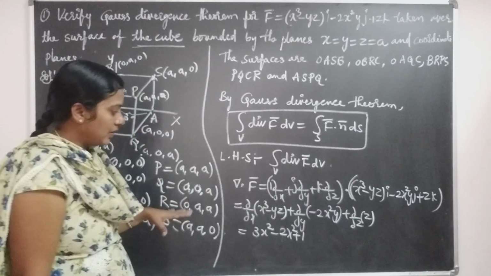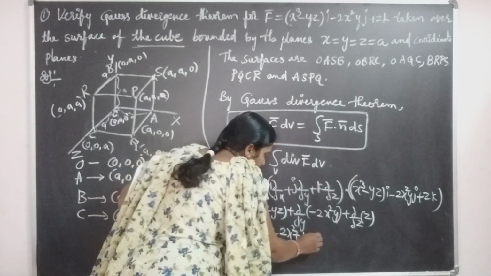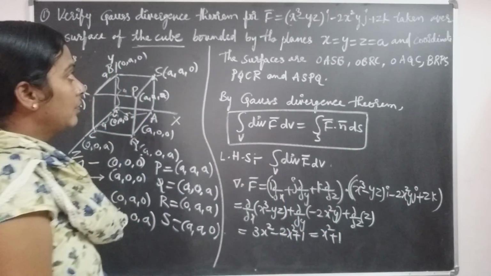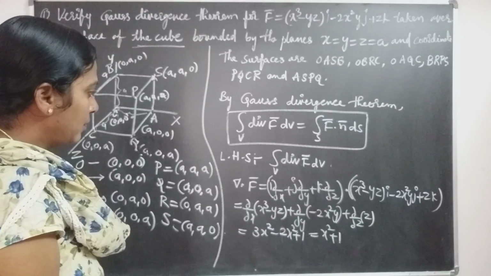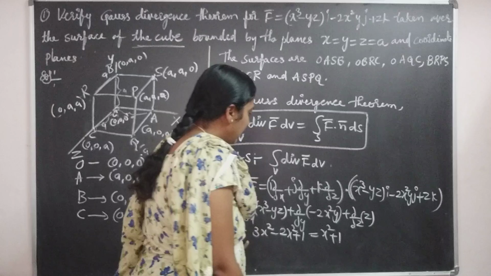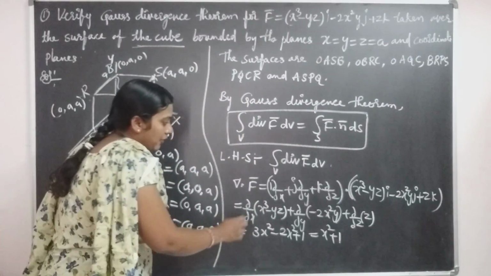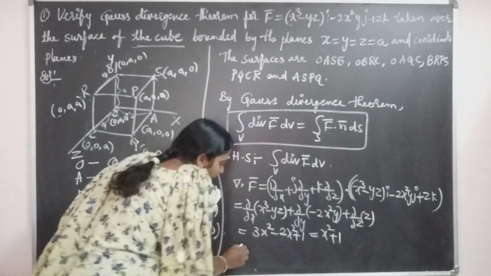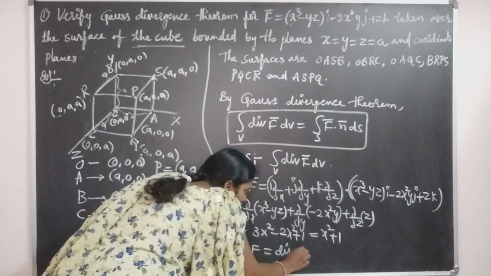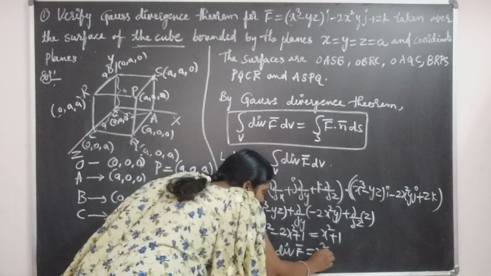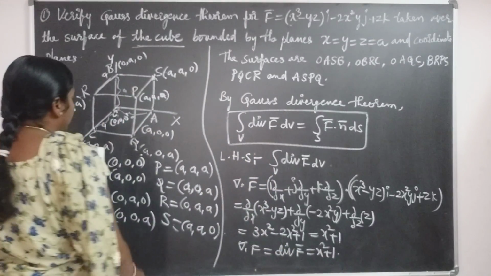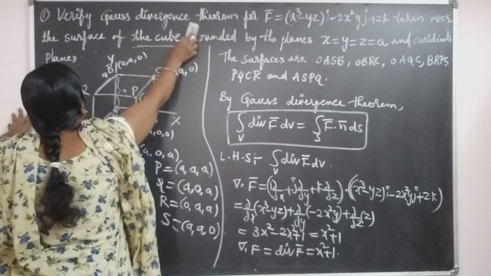So it is 3x square minus 2x square plus 1. The div f bar is x square plus 1.